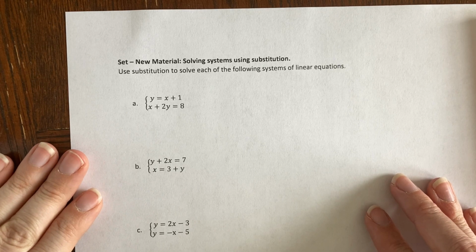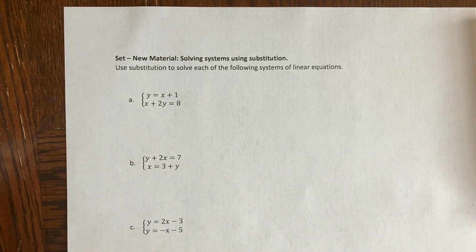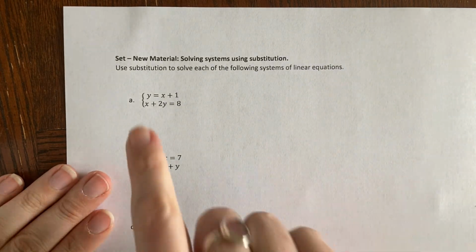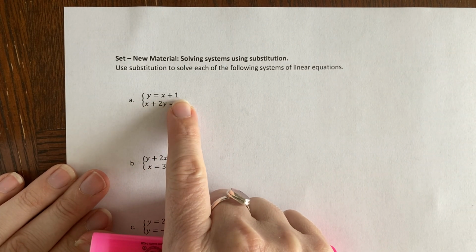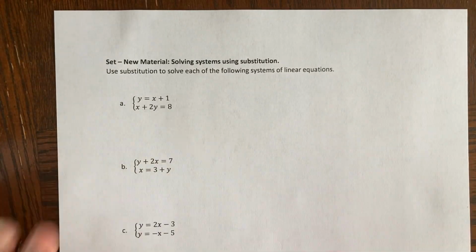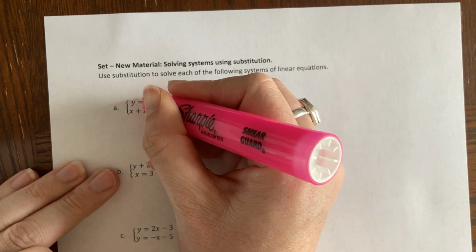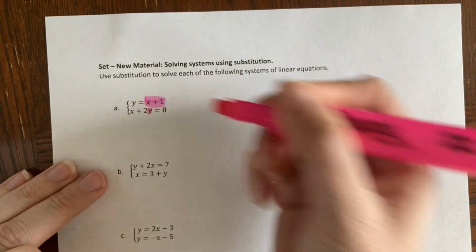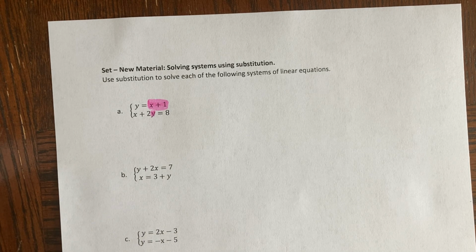Use substitution to solve each of the following systems of linear equations. First, I'm given that y equals x plus 1. I'm going to take this equation, and I'm going to plug it in right there for the y.